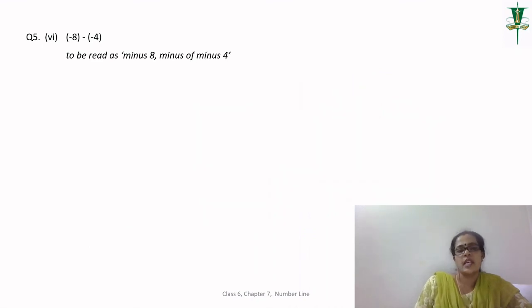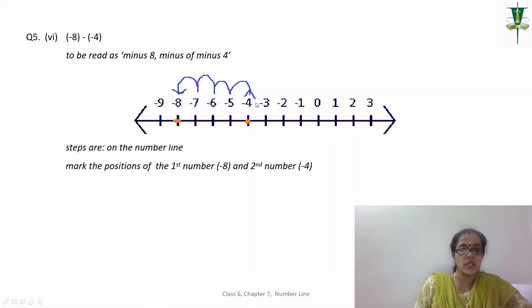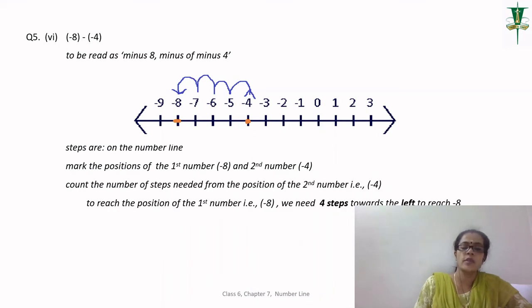One last example. Okay, -8 minus of -4 to be indicated on the number line like this. And as per our question, -8 is the first number and -4 is the second number. So as per our steps, we must travel from the second number to the first, which means in this case, we would be traveling from -4 to -8, which is in the negative direction.